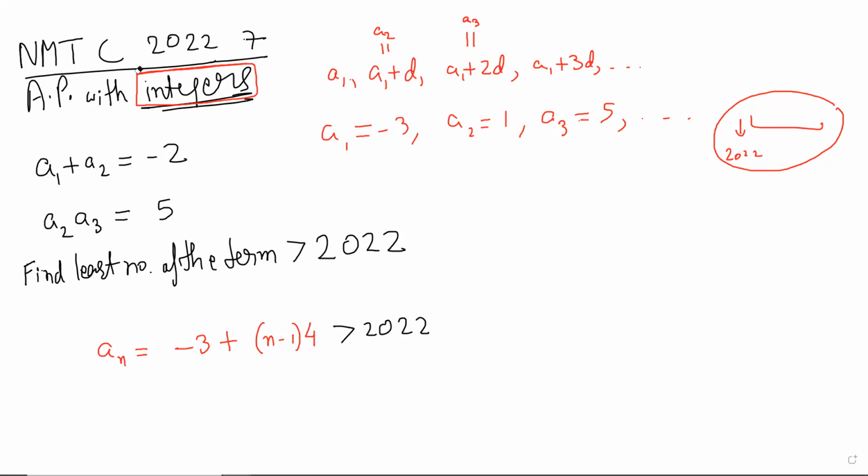What should n be? I think you've already calculated it. 58 is too less. 508, right? N should be greater than 508.